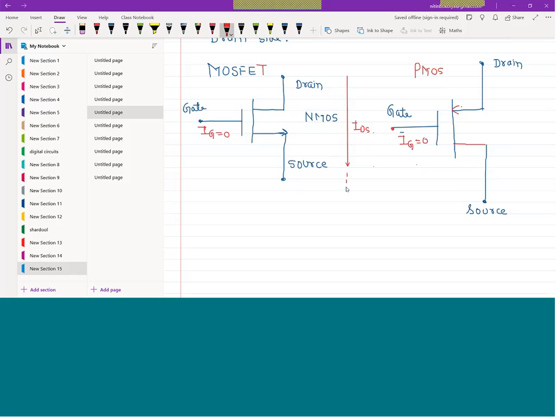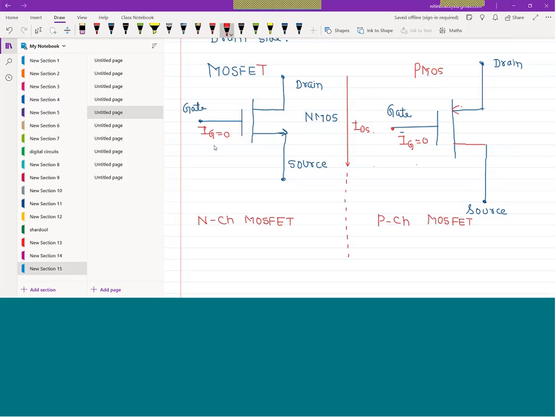The first one is known as N-channel MOSFET, and this is known as P-channel MOSFET.